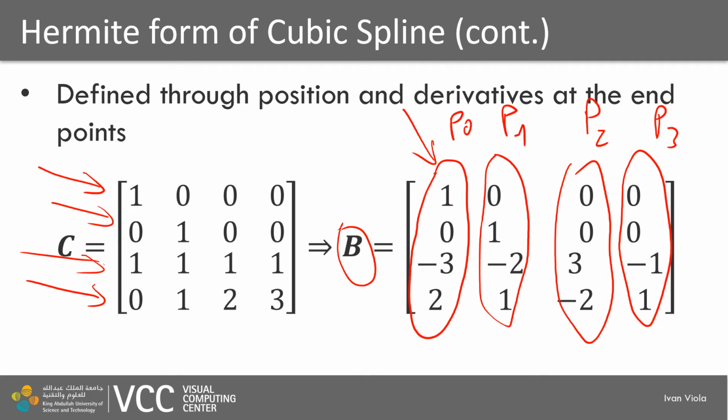And each row is associated with a certain degree of u. The first row is associated with u to the power of 0, the second row with u to the power of 1, the third row with u to the power of 2, and the fourth row with u to the power of 3. So here we have the coefficients which will always be multiplying our u parameter of different degree polynomial.